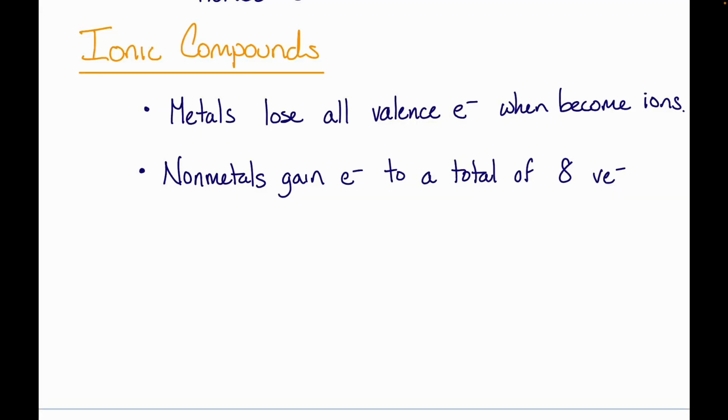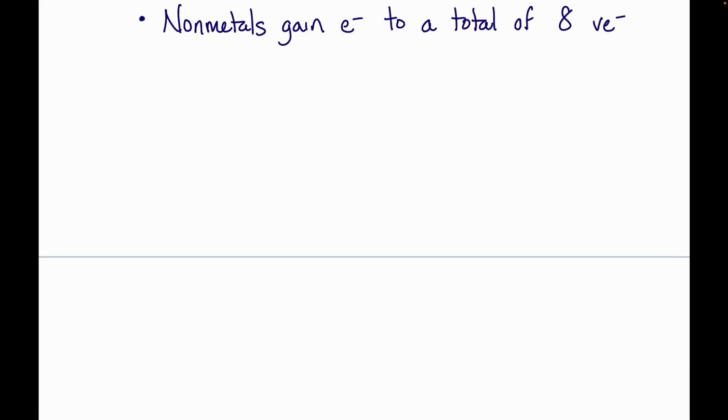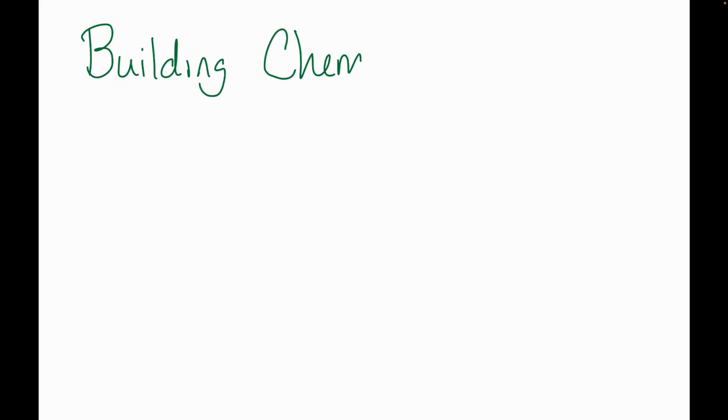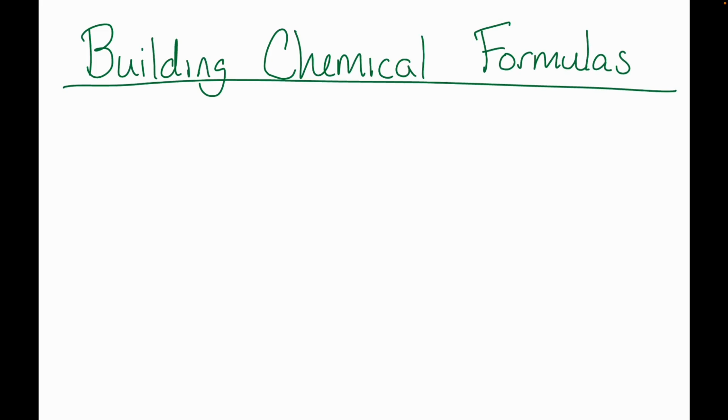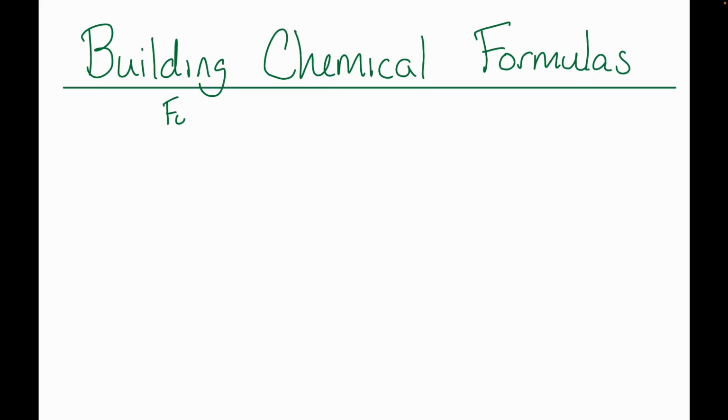All right, well, we'll practice that here in a little bit. We're going to lay down one more skill, and then we'll sort of roll it all together here. The first thing that we need to do is, given two ions, we need to be able to build our chemical formula. All right, and let's just note that we're talking specifically about ionic compounds.